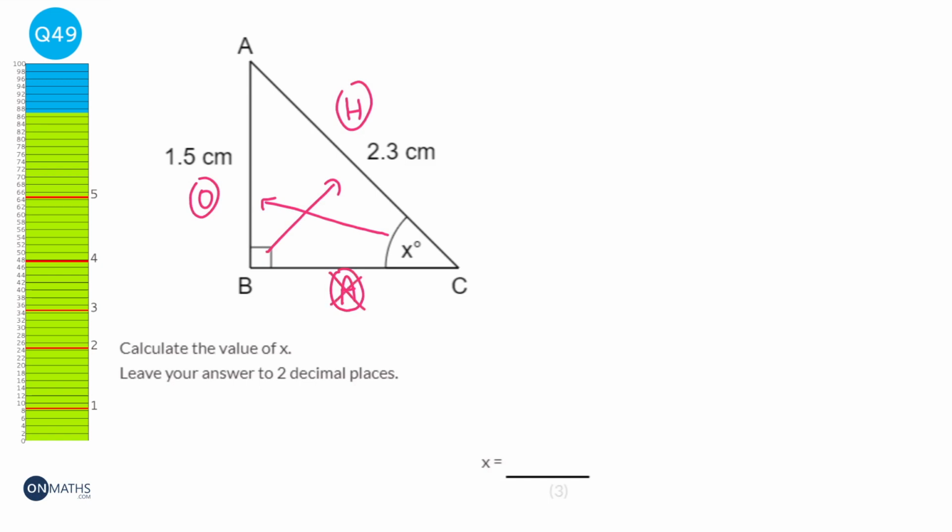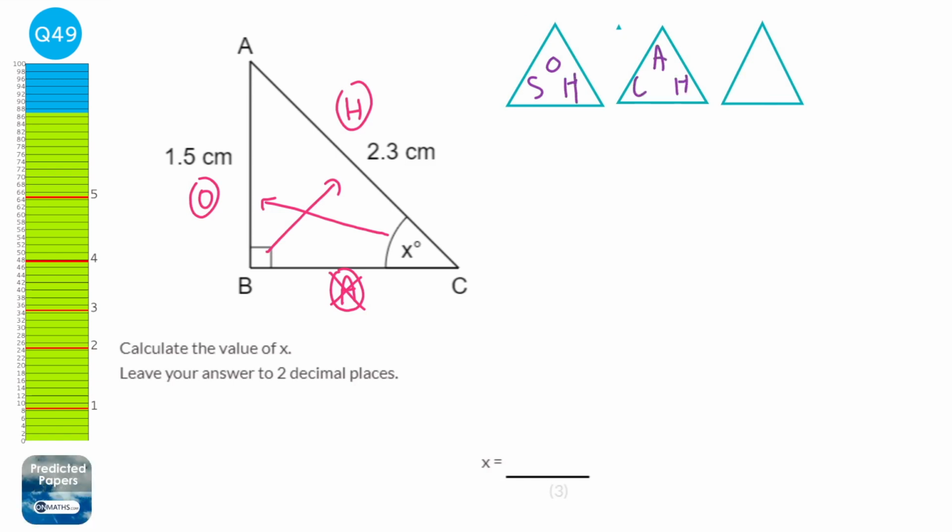And the next thing we're going to do is do our SOHCAHTOA triangles. SOHCAHTOA. Now, because we crossed out the adjacent, we can cross out the triangles that have an A in.